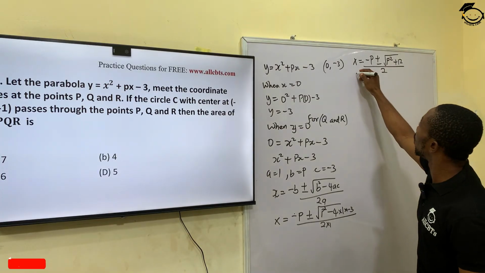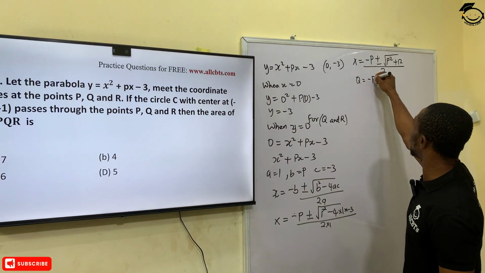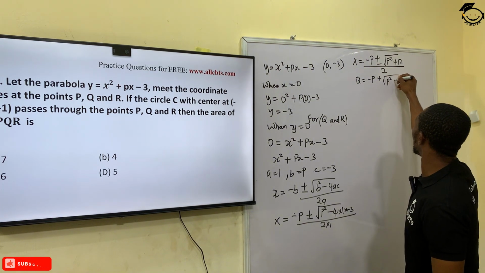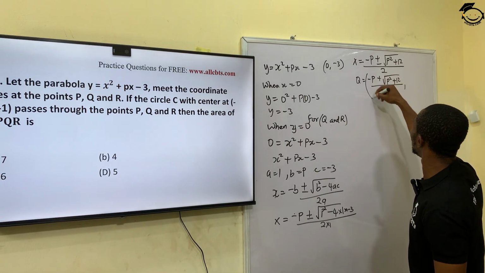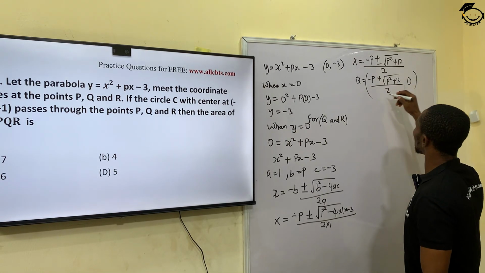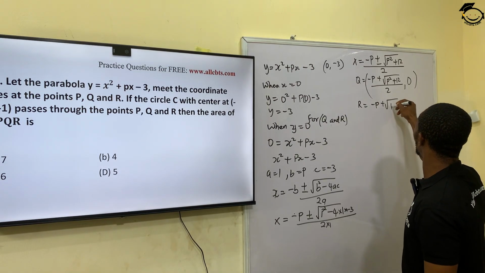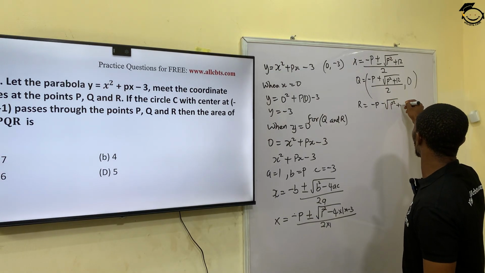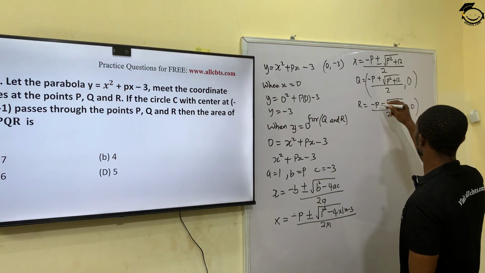So for Q, we are having it as minus P plus root P squared plus 12 over 2 as our x value, and y is at 0. And R, we are having it as minus P minus root P squared plus 12 all over 2, and y equals 0.